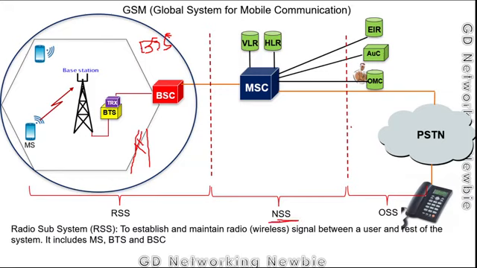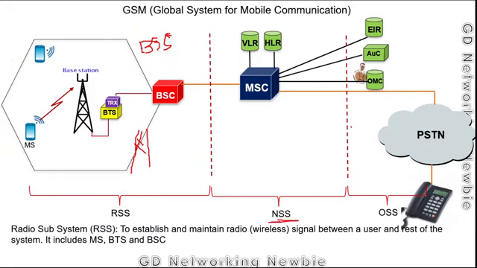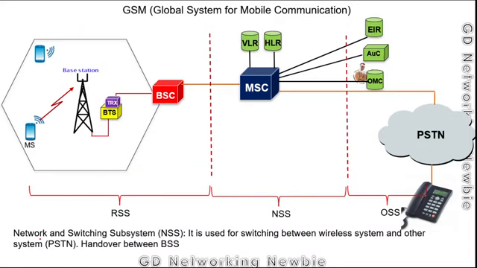Okay, so let's see what we have in this network and switching subsystem. The network and switching subsystem is used for switching between the wireless system and other systems like PSTN. You see here, this is a part of the network and switching subsystem.